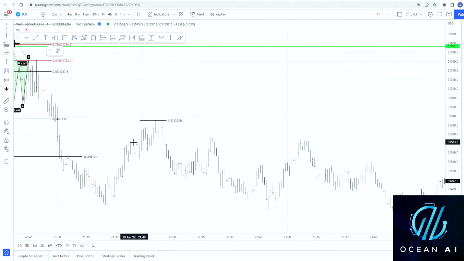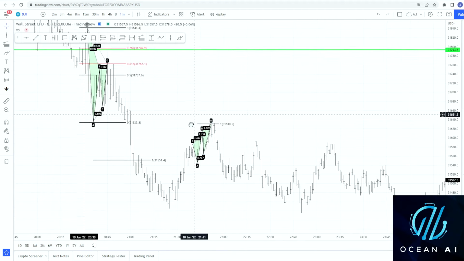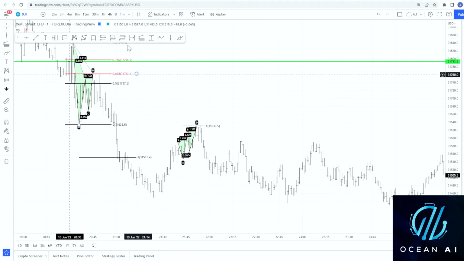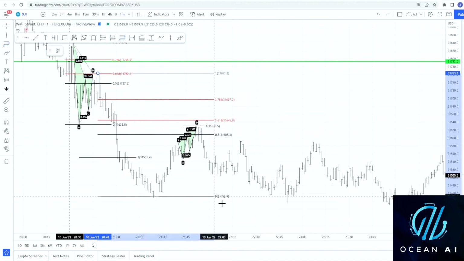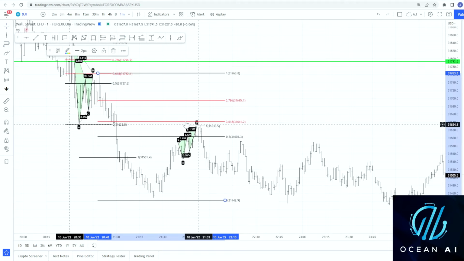So we had this high, drive 1, up for drive 2, and then up for drive 3. That's a 3-drive pattern. If we take it off the last high, that would also be just short of a 61% retracement as well. But that 3-drive pattern gives you a sell signal there.